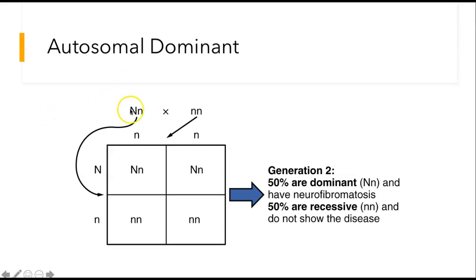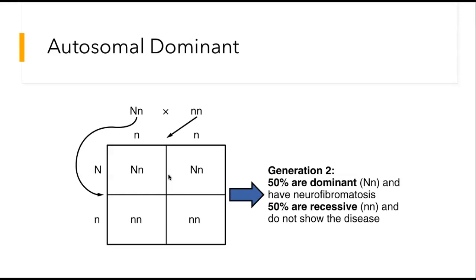Here's an example in which you have a dominant individual crossing with a homozygous recessive individual, and in the case that there is one allele, every time that allele is passed on, you get the trait, and so 50% of the time you will get this trait. It could be a disease, it could just be a regular old trait, and 50% of the time you will not show the disease or the trait.